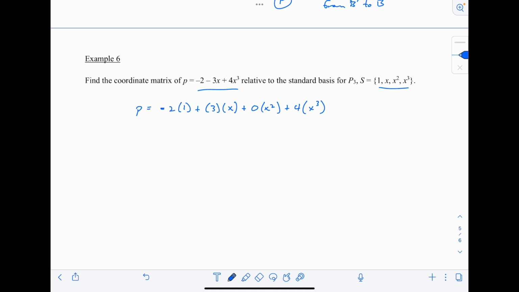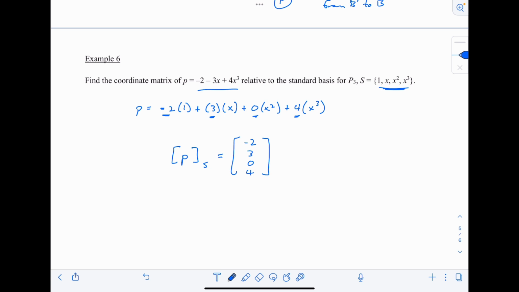In other words, these are the scalars that I would multiply by the elements in the standard basis to get p. And therefore, my coordinate matrix of p relative to basis S is simply -2, -3, 0, 4. It's a lot like that very first example we did to start off this whole lesson, okay?